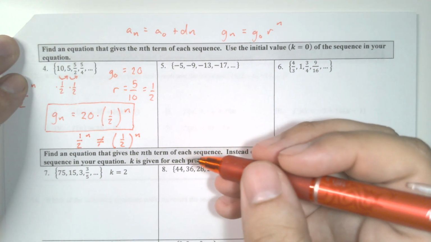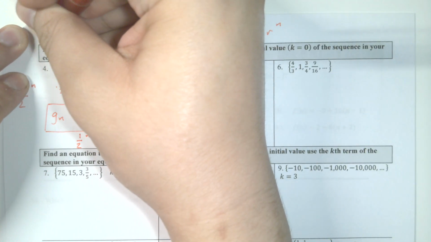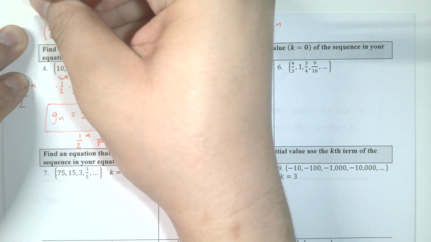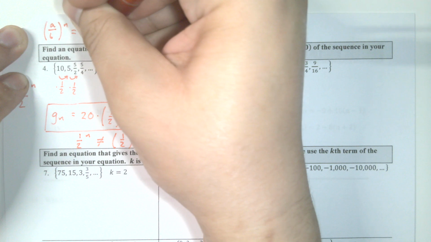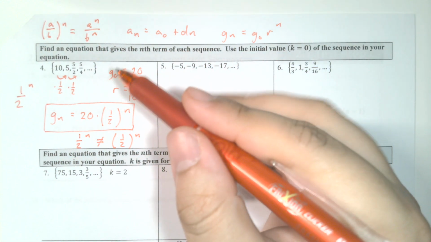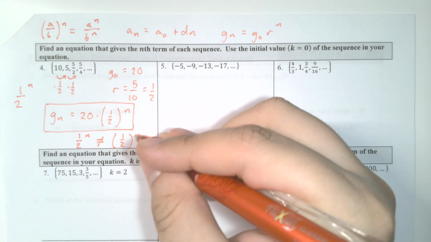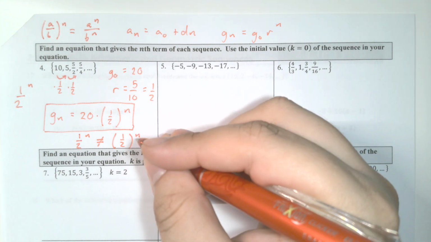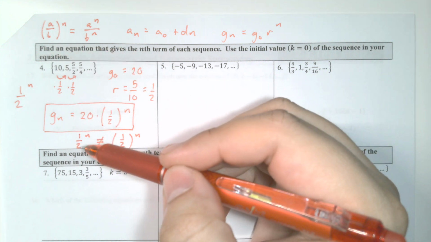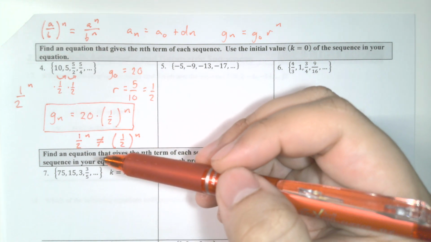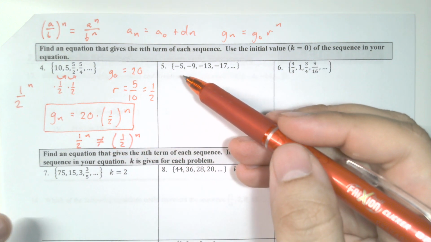In particular, the property that I'm thinking of here is that a divided by b to the power of n is equal to a to the n divided by b to the power of n. So you can see where that would be a problem, because what we should have is 1 to the power of n over 2 to the power of n by this property here. So 1 to the power of n divided by 2 is not going to be the same thing. Anyways, enough about that. Let's move on to number 5.